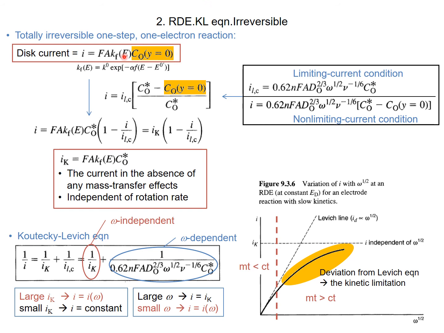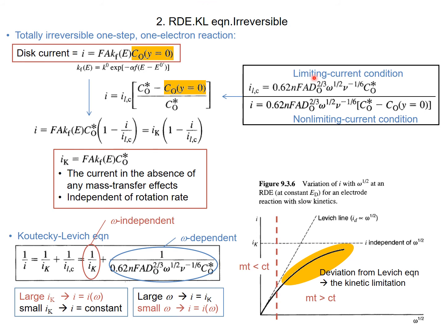On the other hand, the same current can be described by the limiting current with some concentration term. Here, the ratio of current to the limiting current is the ratio of the concentration gap between the bulk and the surface relative to the bulk concentration. This equation is obtained by comparing the non-limiting current condition and the limiting current condition.